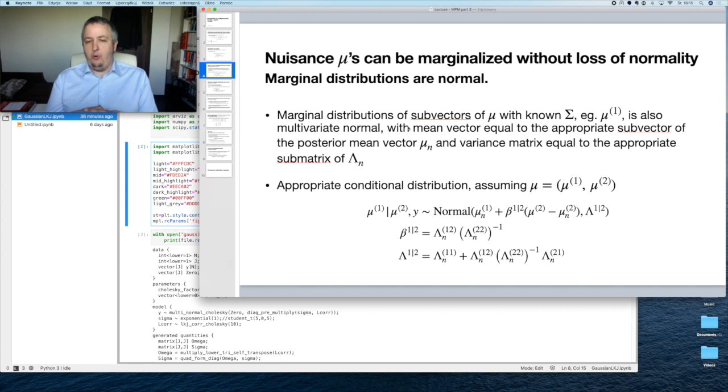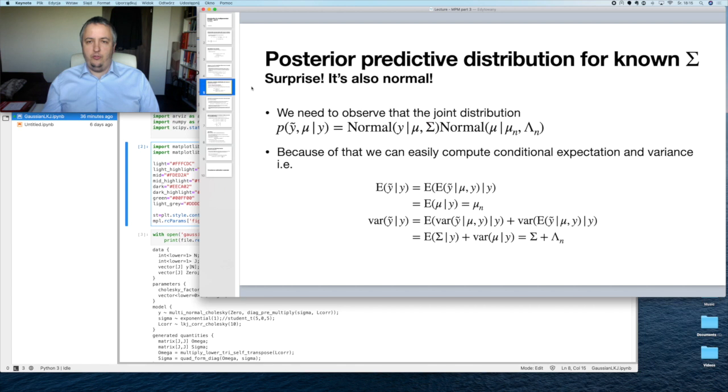So assuming that our marginal distribution for mu1 conditional on the rest is normal, using marginalization we also obtain normal marginals. What is even simpler, the posterior predictive distribution for known sigma is also normal.